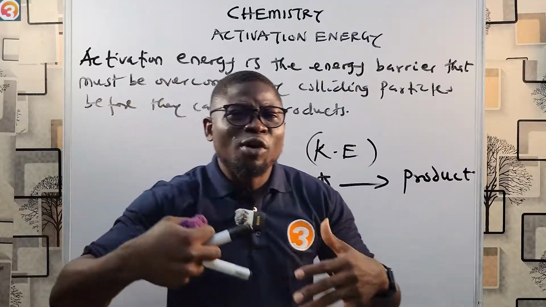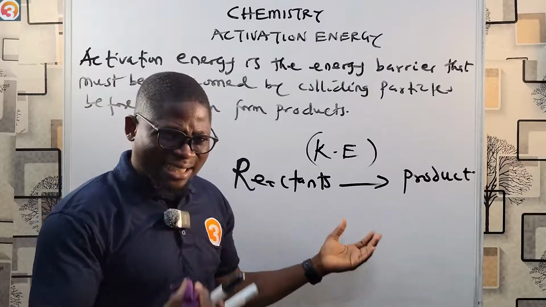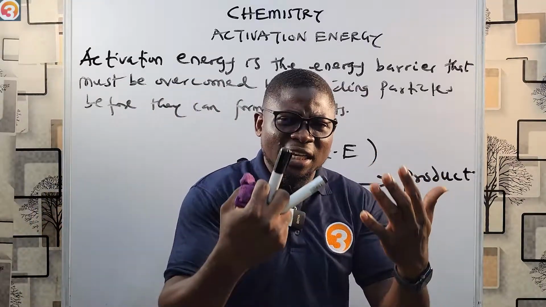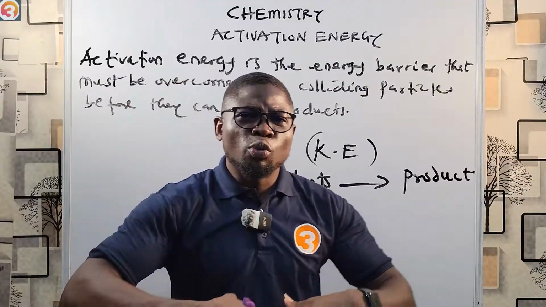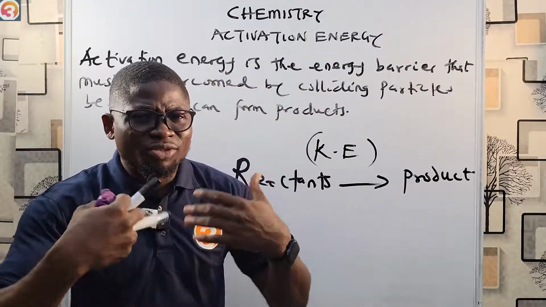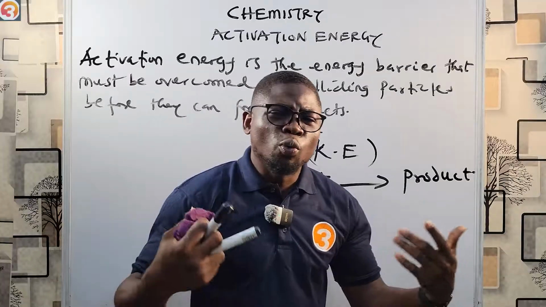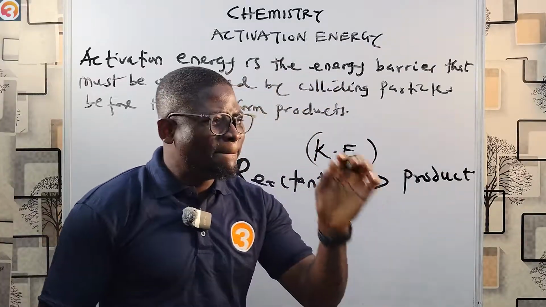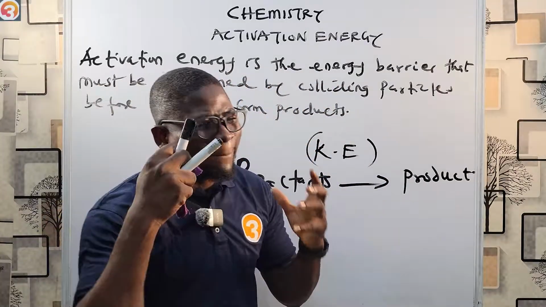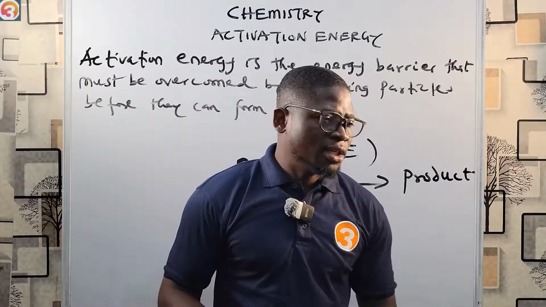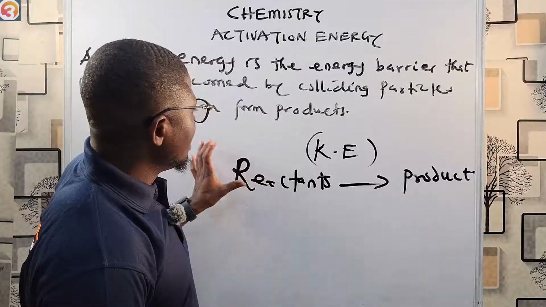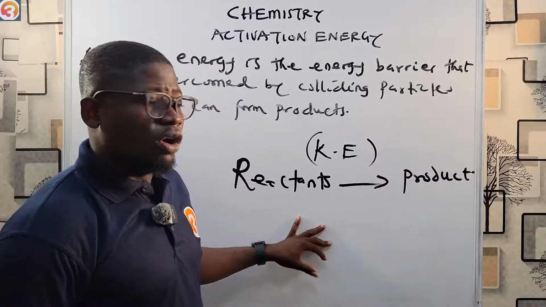If the activation energy of the reaction is reached, the reaction will occur. But if you do not reach the activation energy, the reaction will not occur. You must generate that minimum amount of energy before reactants can work and become product. It is very, very important that we take note of this.